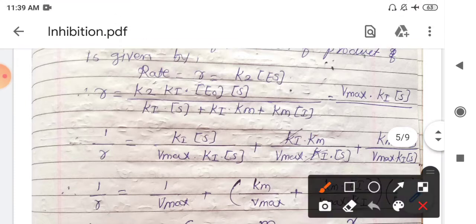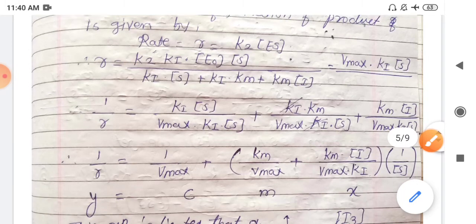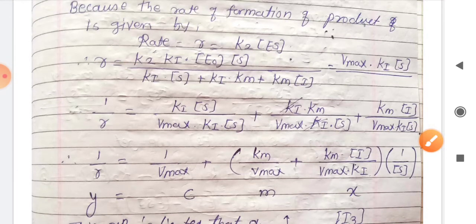Simply substitute the value of ES from the above equation, that is Ki into E0 into S divided by Ki into S plus Ki into Km plus Km into I. But K2 into E0 is nothing but Vmax. So instead of K2 into E0 we substitute Vmax, and the remaining equation will remain as it is.